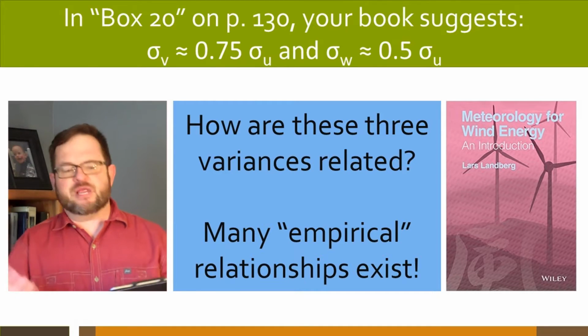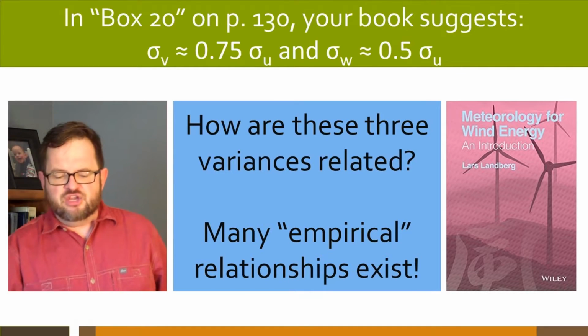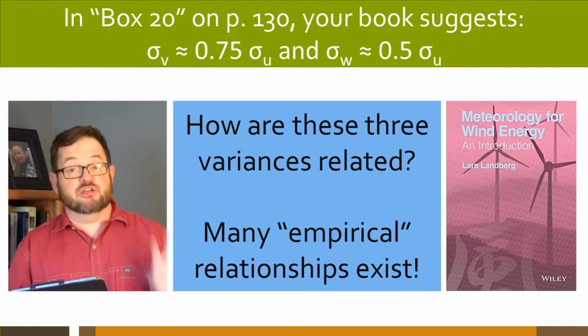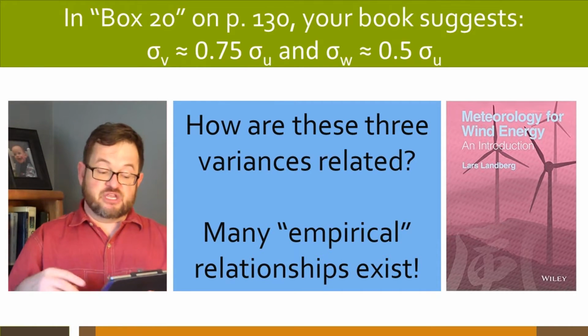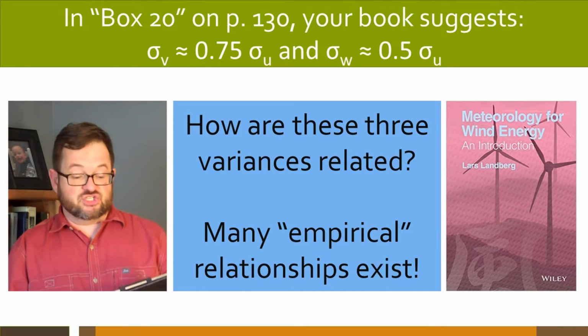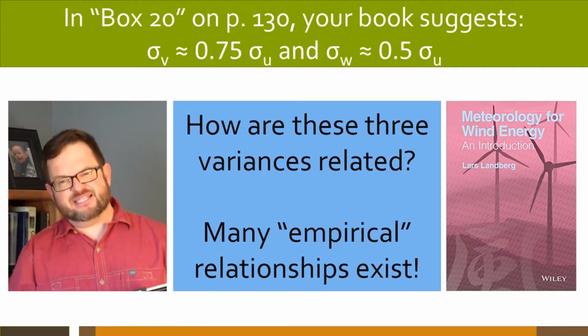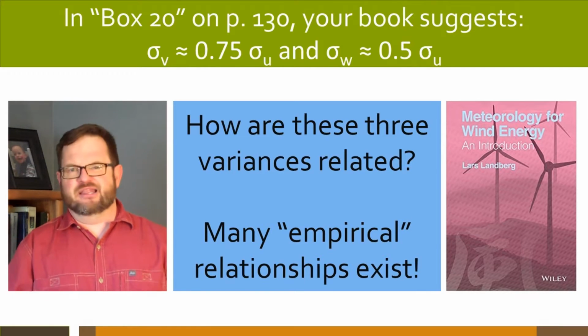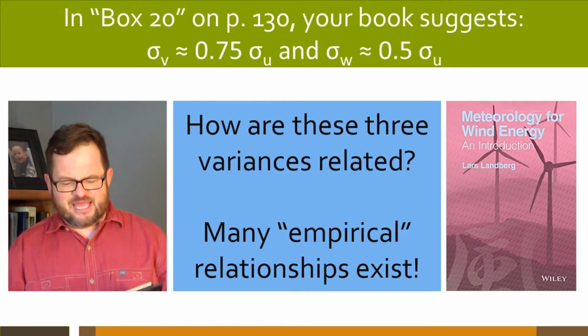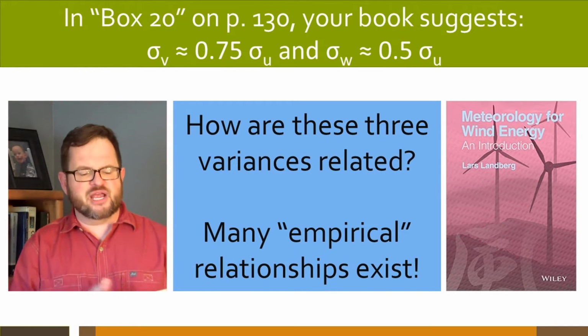For example, on box 20 of page 130 in your textbook, your book is suggesting that you figure out whatever the standard deviation of U is, and then your standard deviation of V will tend to be 3/4 of that same value, and the standard deviation of W will be about half of that same value. Well, that might be a lovely rule of thumb, but that's certainly not the general case, and I don't think it's helpful to memorize anything like that.